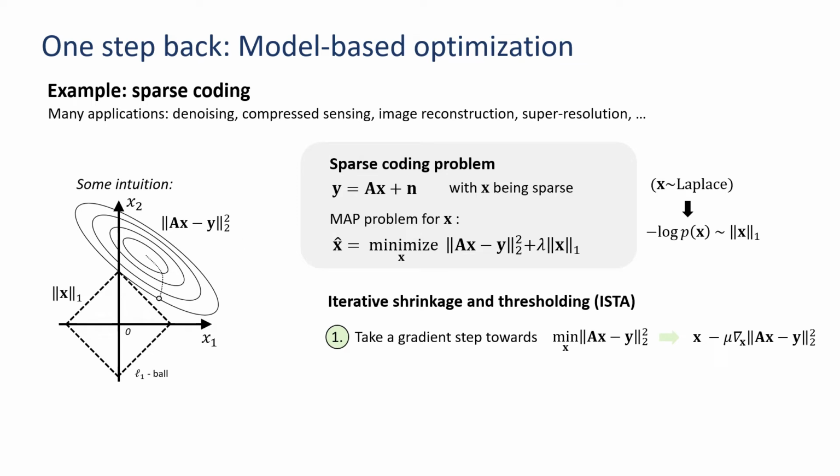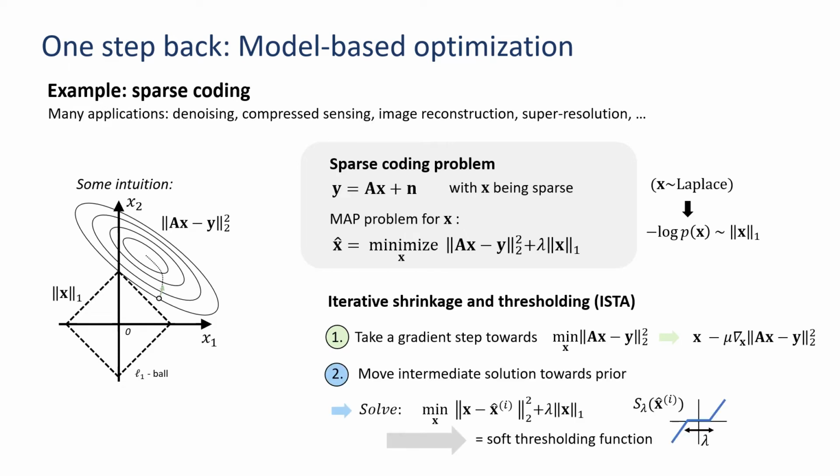We take a gradient step with respect to that, so that's a data consistency step, and then we iterate. We take that step and we take a next step where we move this intermediate solution in the direction of the prior. So then we solve that minimization problem we saw before, this minimum over x of the L2 distance squared of x minus x hat at that iteration, plus lambda times, in this case, the L1 norm of x.